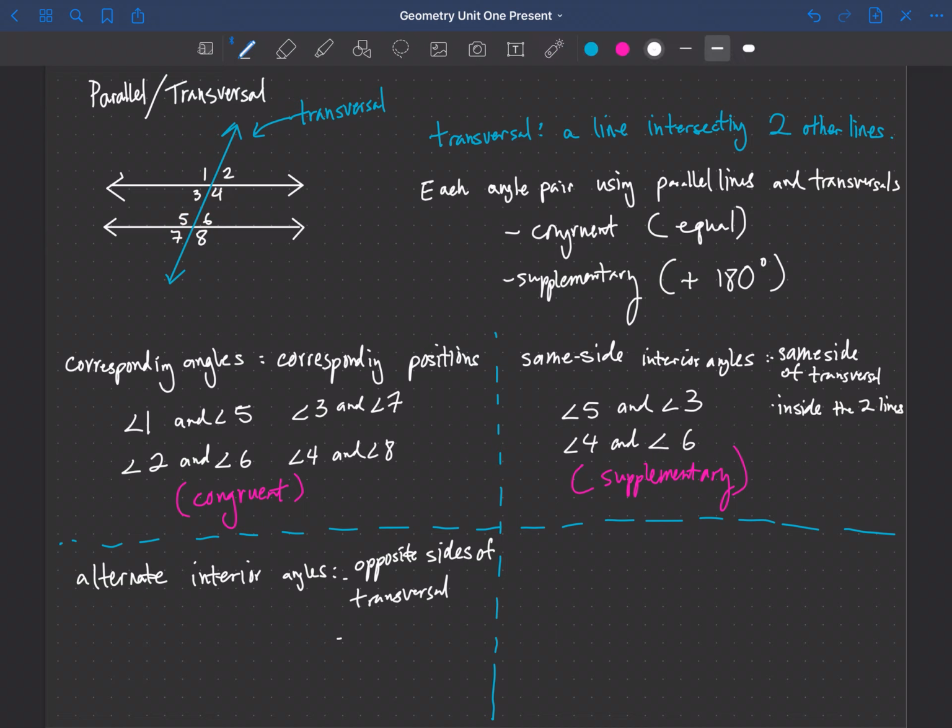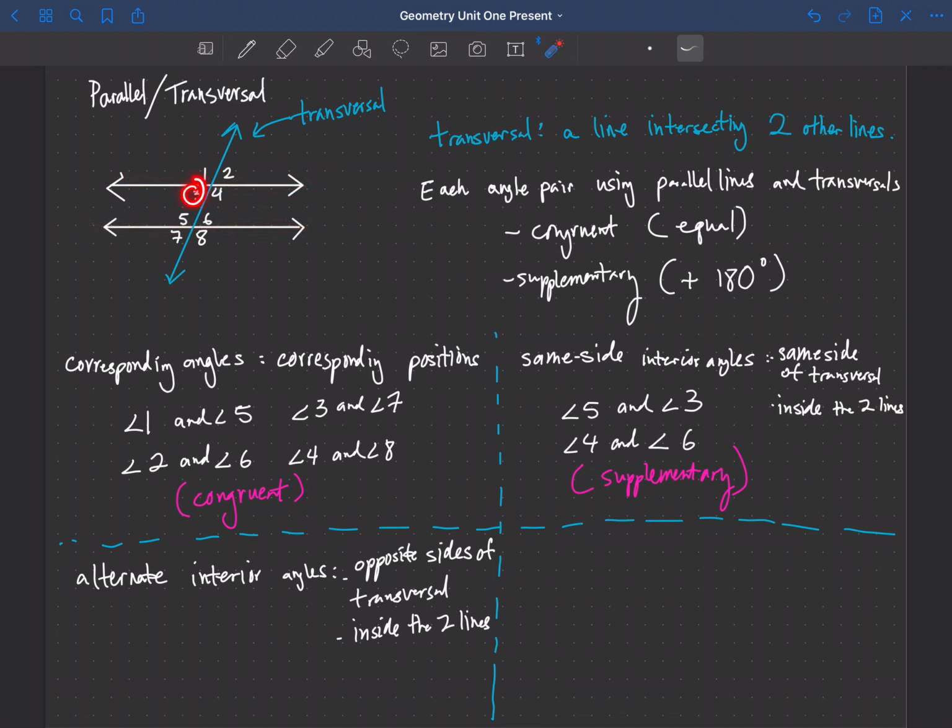So interior, just to reinforce, is inside the two lines. Alternate interior means between the two lines, but on different sides of the transversal.